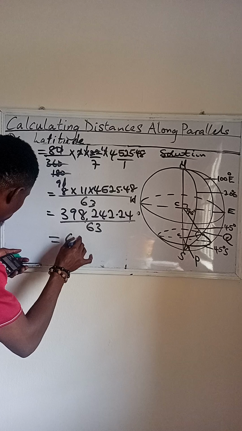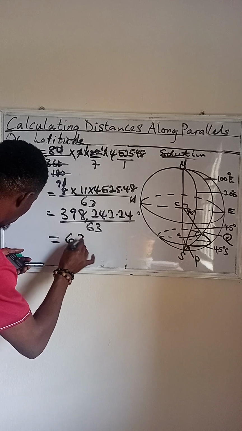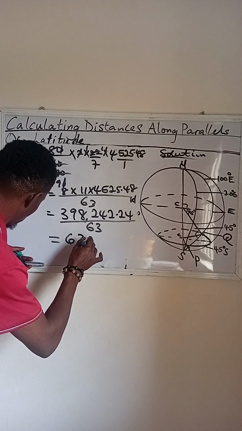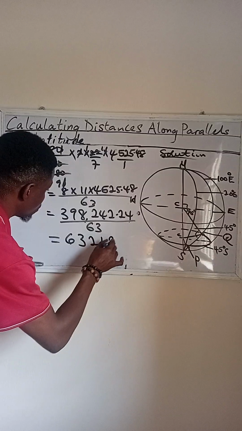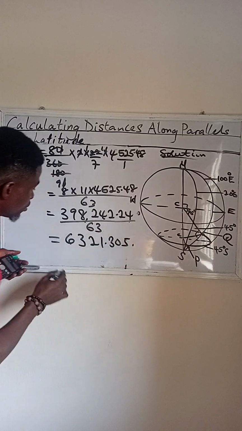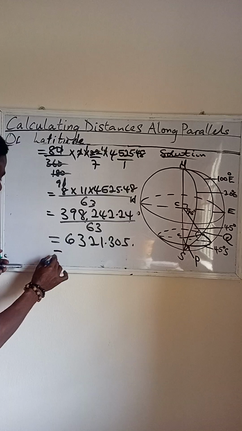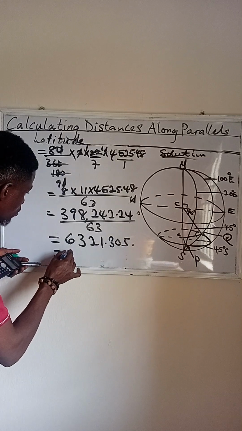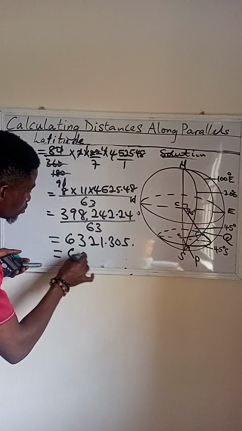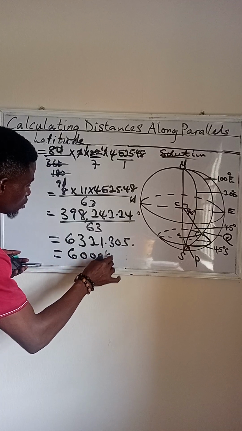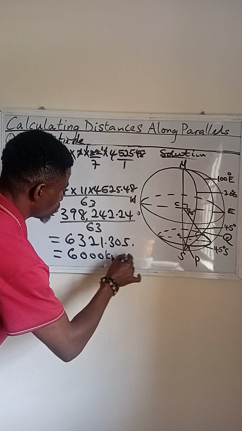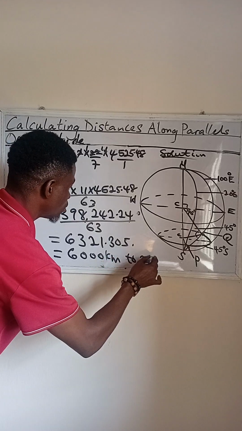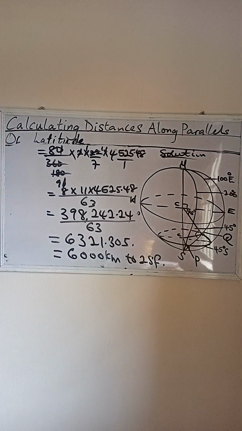We have 6,321.30, just like that. So let's say we are asked to leave it to two significant figures. Now it's going to be 6,000 kilometers to two significant figures. Okay, so that is the solution to question number 1.